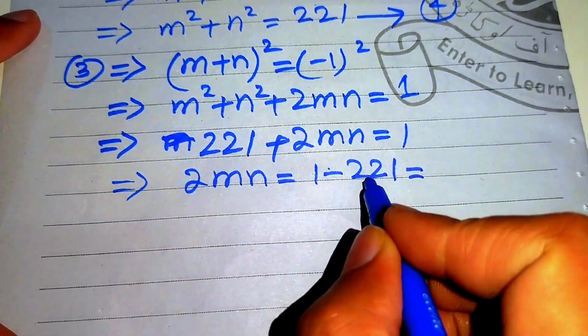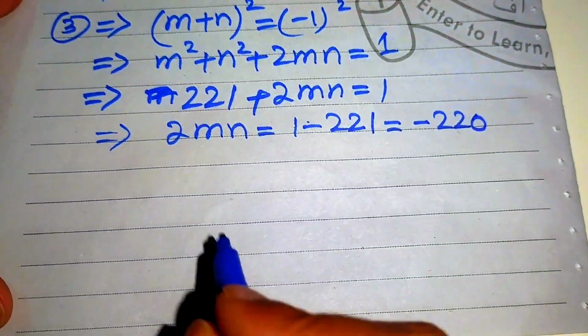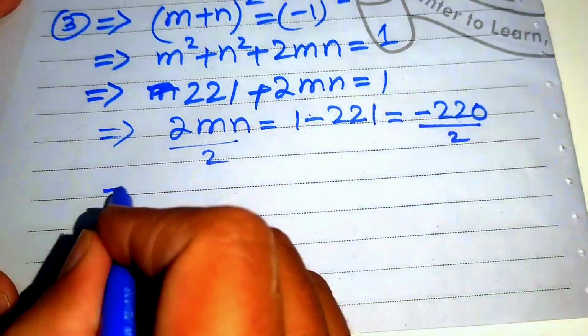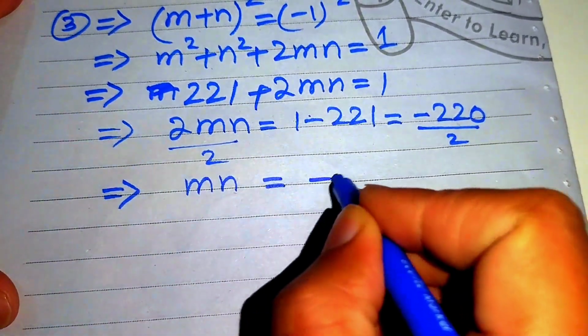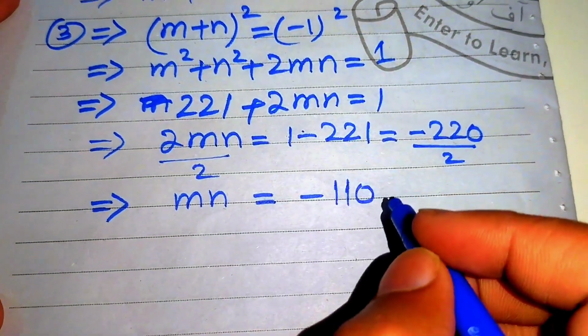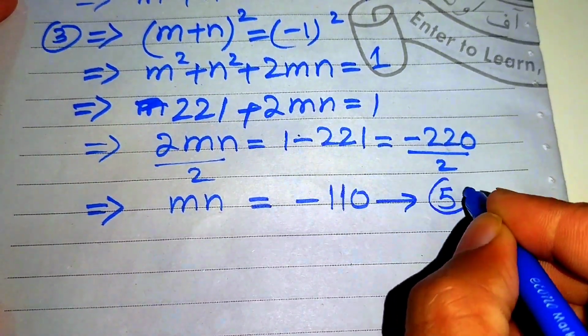So we see that 1 minus 221 equals minus 220. So we divide both sides by 2 and you get the value of m multiplied by n equals minus 110. So we call this equation number 5.